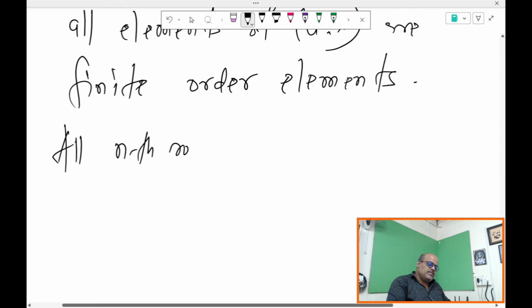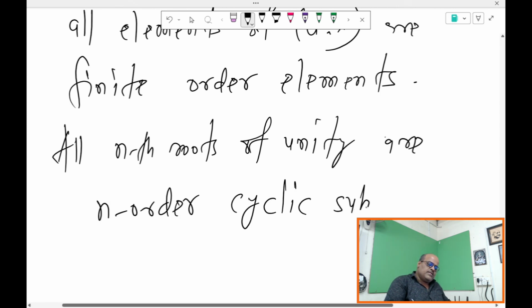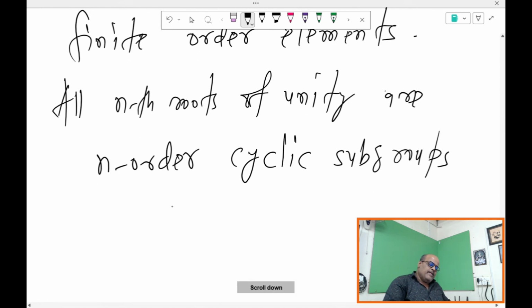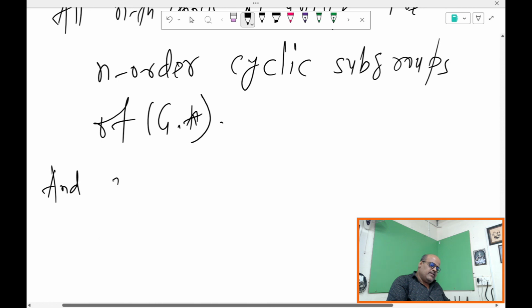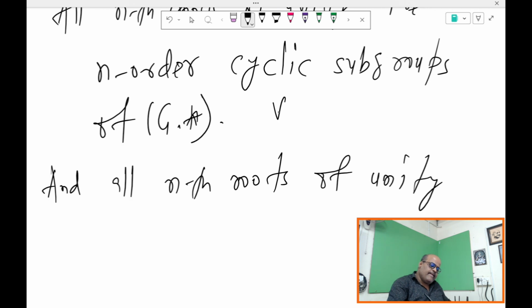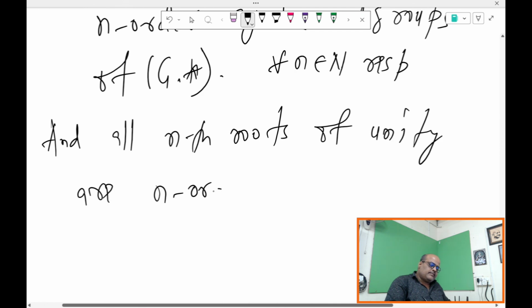All nth roots of unity are n order cyclic subgroups of G star. Also we can write that all are unique subgroups.